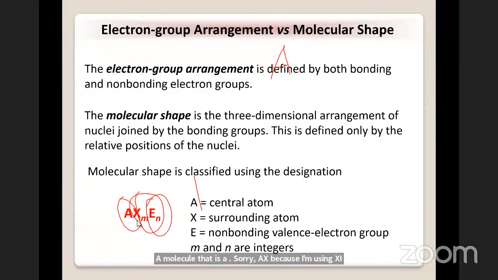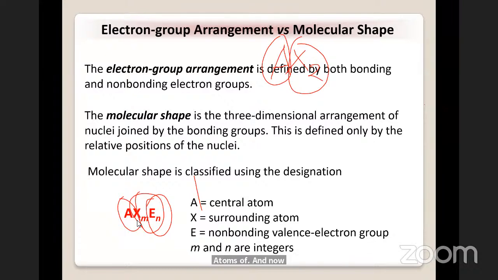If I have a molecule that is AX2, this molecule that is AX2 is the central atom A and 2 atoms of X. Now, this molecule will be a linear molecule, with A like that, and you have X like that.